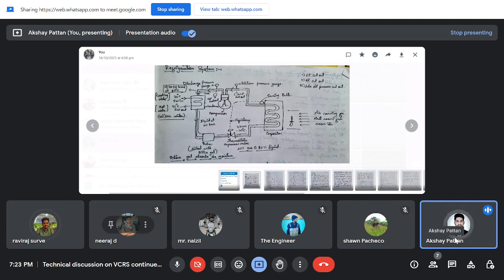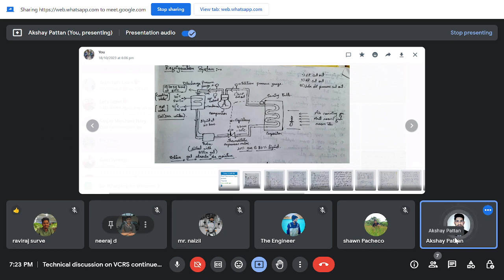As the high pressure cutout is working and the compressor stops, this solenoid valve closes completely and restricts the flow of refrigerant to the dryer and the thermostatic expansion valve. So that's why the solenoid valve is used. Okay, is it clear, guys?